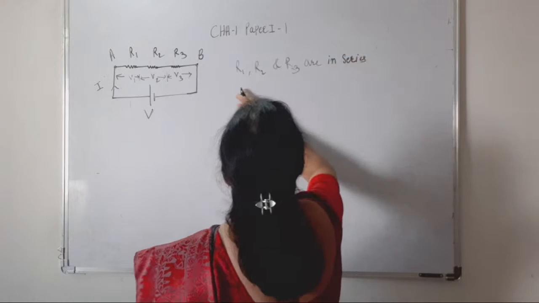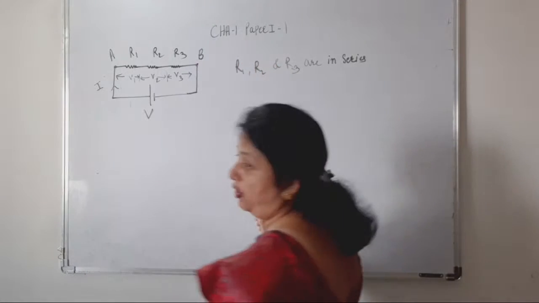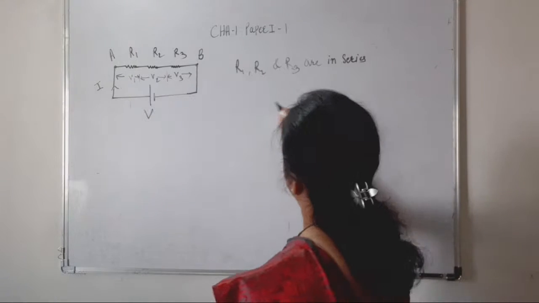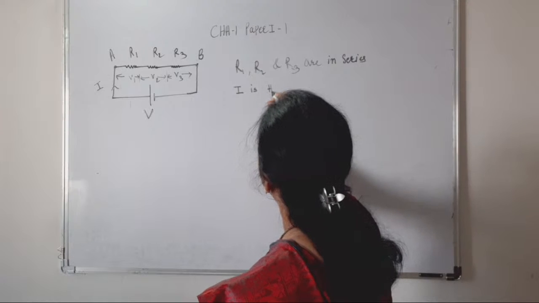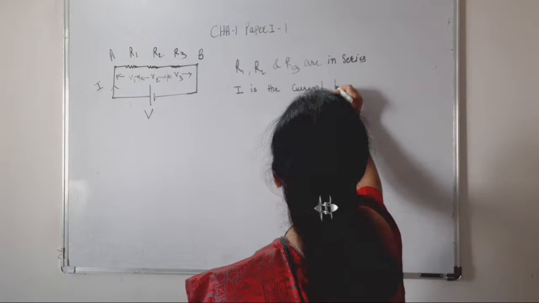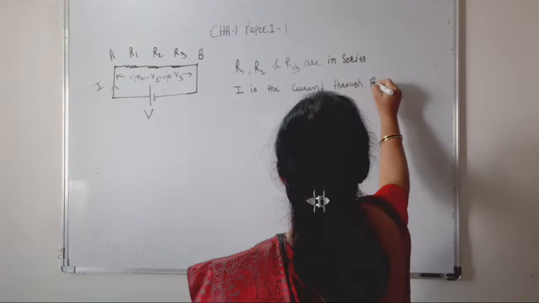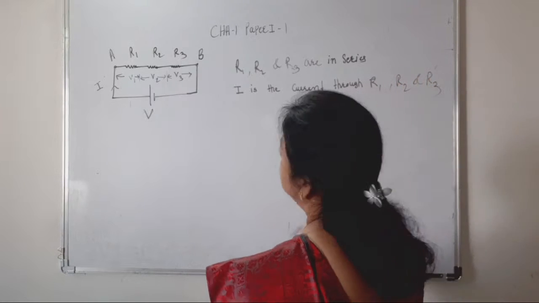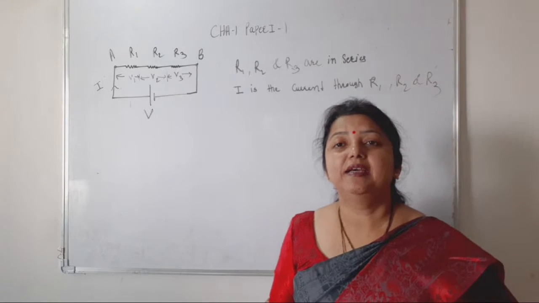These three resistances are connected in series. I is the current through R1, R2 and R3. The same magnitude of current flows through R1, R2 and R3.